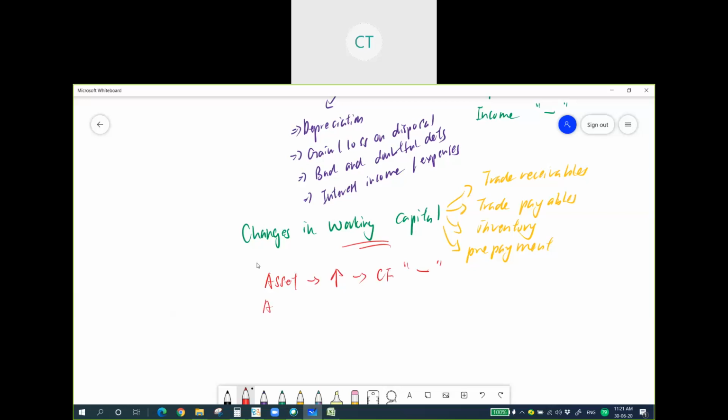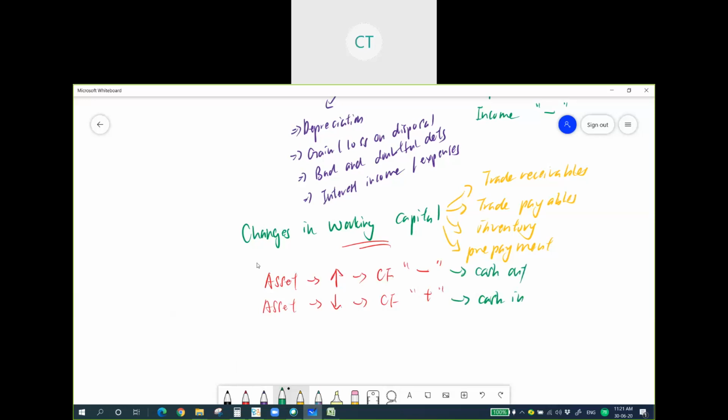And if your asset value decreases, the impact in your cash flow is positive. Positive means cash in. Negative means cash out.